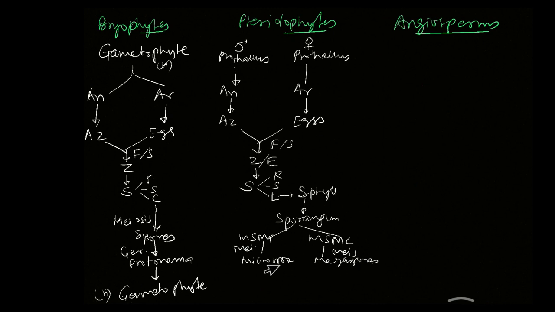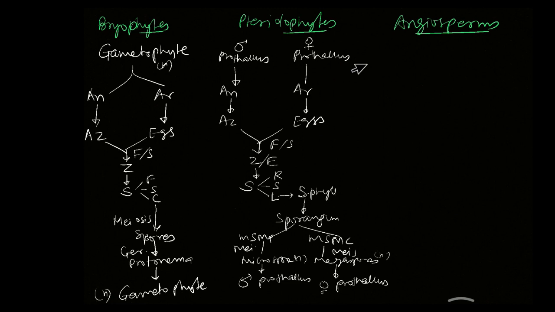Okay. And after meiosis, they are haploid structures, and the microspore develops into the male prothallus, and the megaspore is converted into the female prothallus.